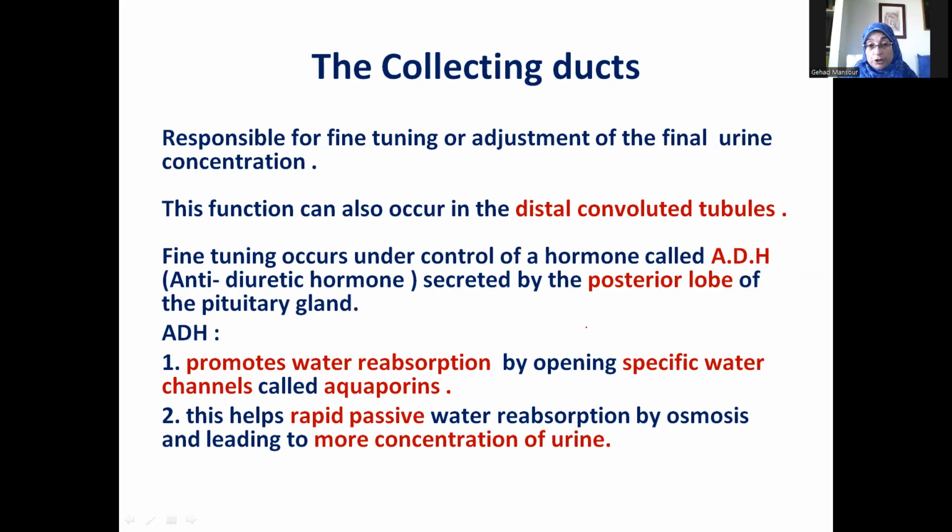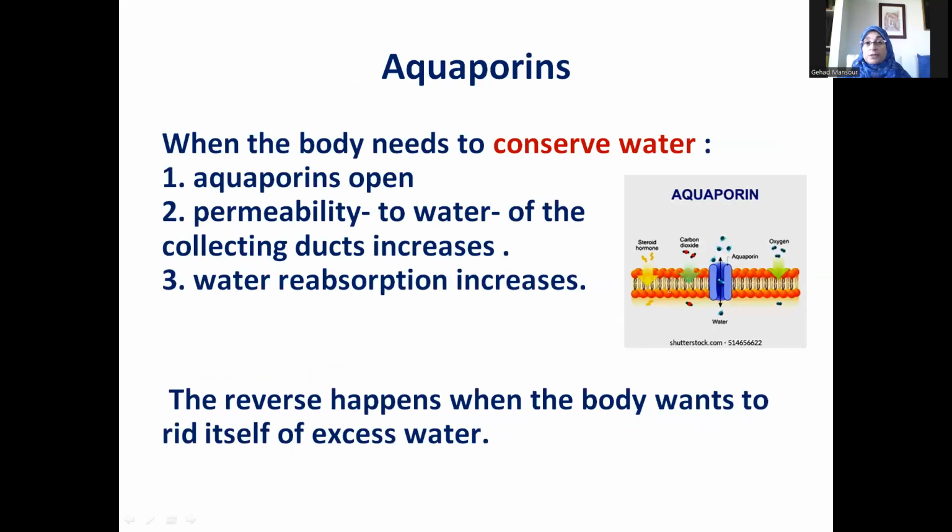These water channels are called aquaporins. These specific channels are called aqua, meaning water, and porins, of course, meaning passages or channels. So what are aquaporins? We are going to see them on the next slide.